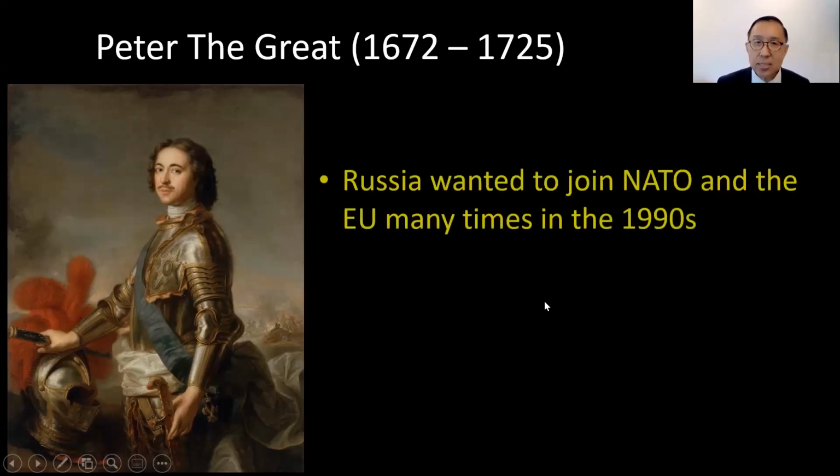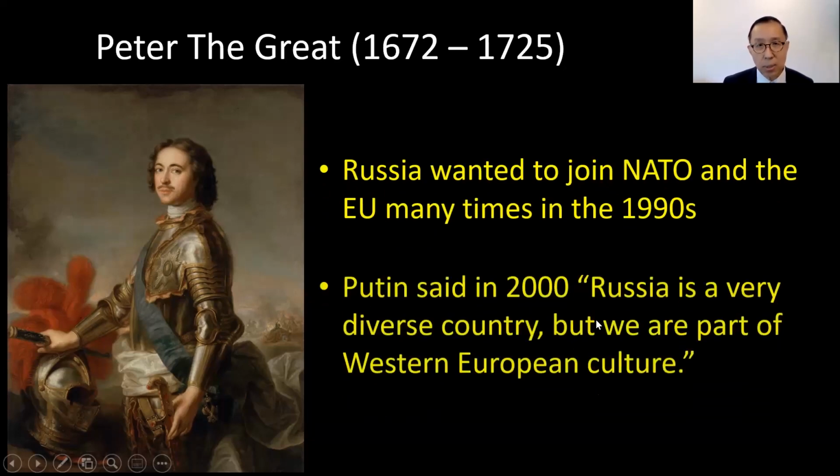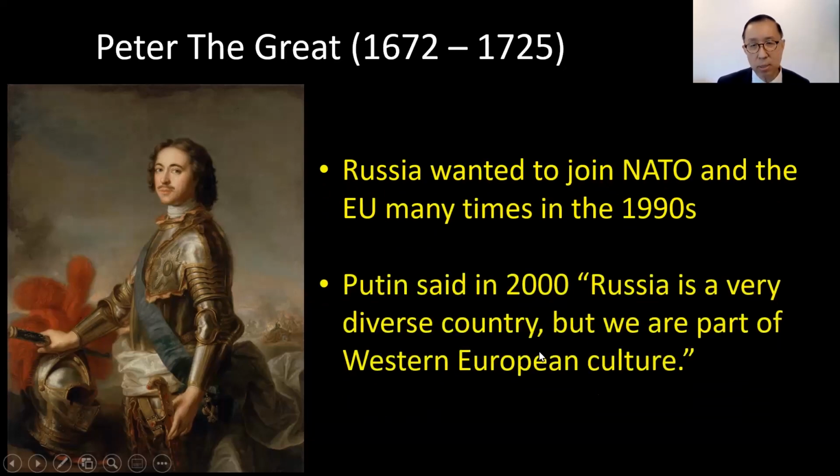In the 1990s, Russia also wanted to join NATO and wanted to join the EU as well. Many times, they were all rejected. Way back in the year 2000, Putin said this: Russia is very much part of Western European culture. He himself wanted to integrate Russia with Europe.